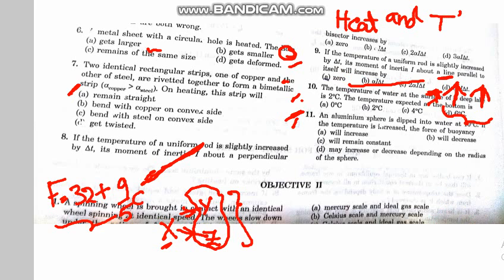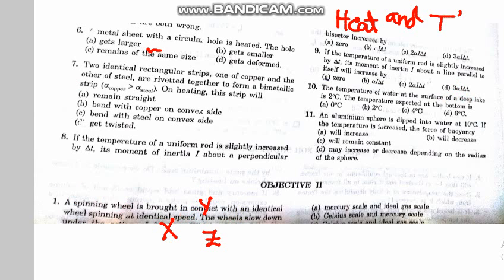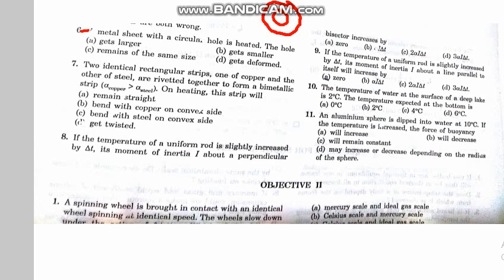The sixth question: a metal sheet with a circular hole is heated. Then the hole gets larger, gets smaller, remains the same size, or gets deformed. You have a metal sheet like this, and here you have a hole.